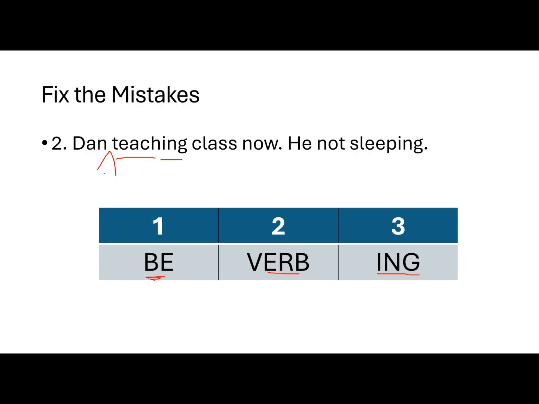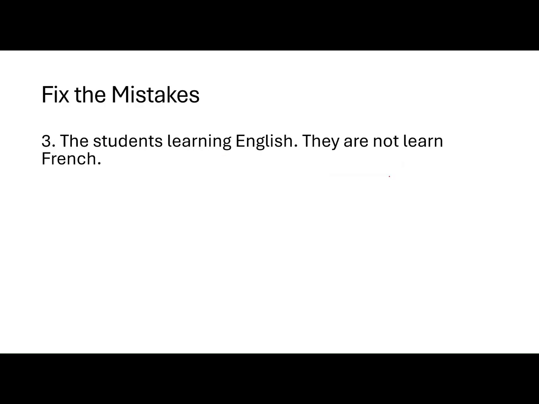So in this case, I would have to put is. Dan is teaching class now. And I have the same problem in the second sentence. I have sleep, that's the verb 2. I have the ing, that's the 3, but I don't have the verb be. So here also I need is. So Dan is teaching class now. He is not sleeping. That's how I'd fix that one.